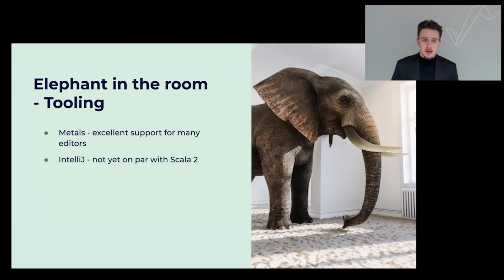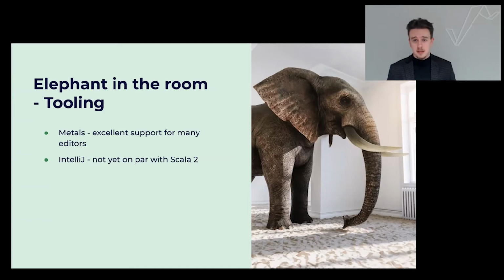When I was talking with some company about their effort to migrate from Scala 2 to Scala 3, it was a year ago, I needed to be honest and say to them that the support for Scala 3 in IntelliJ was practically not existing.